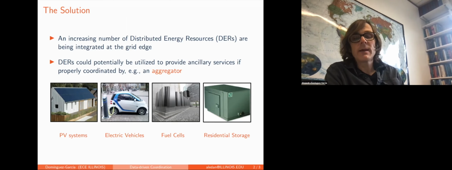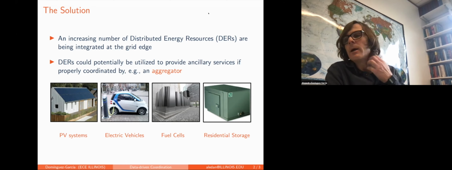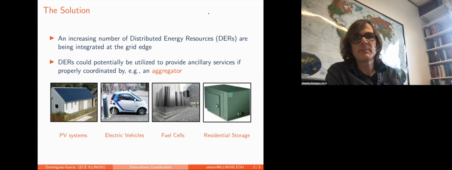The other thing that you could utilize to provide these services are the buildings themselves. And there was some talk earlier in the workshop about optimizing the set points of HVAC systems, and so on. So you could use a building itself to provide these regulation services by modulating the power that the HVAC system consumes, okay?